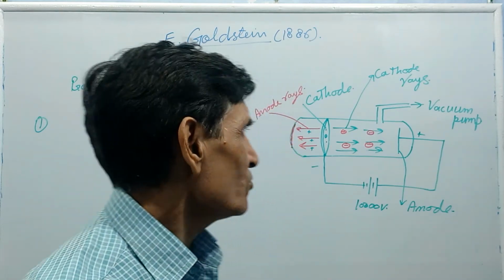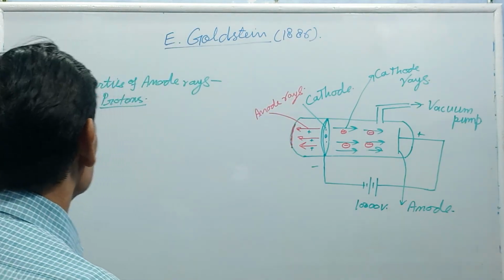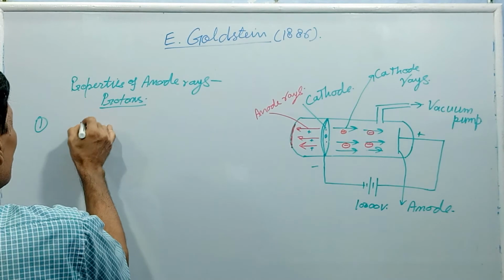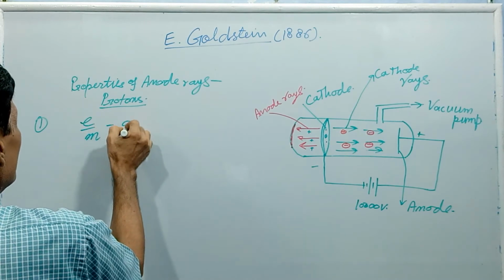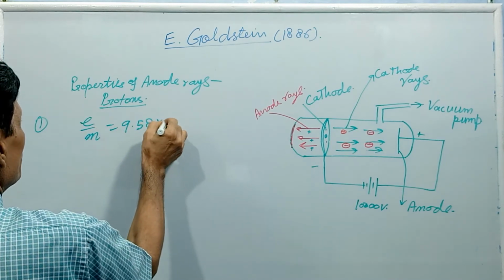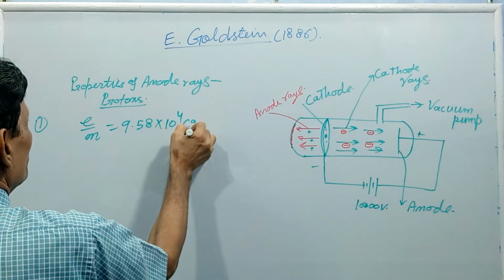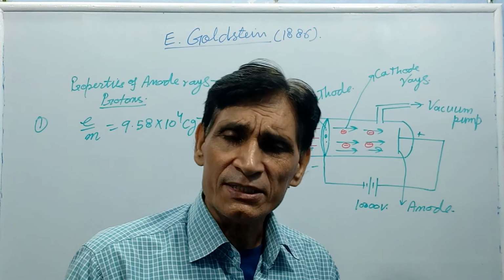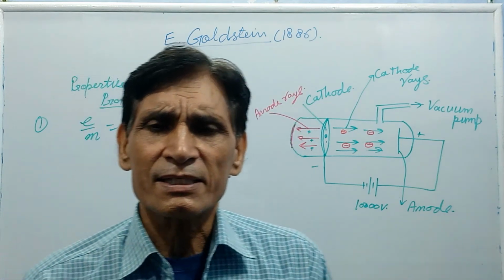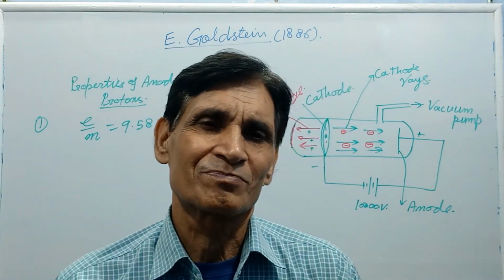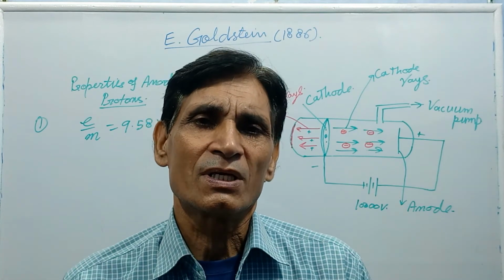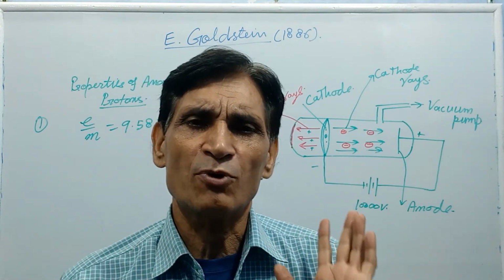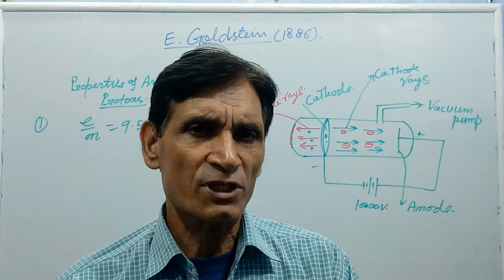For hydrogen, their specific charge was found to be 9.58 into 10 to the power 4 coulomb per gram, but it changes for different gases, the value was different. They also ionize the gas. These are some important properties of anode rays.